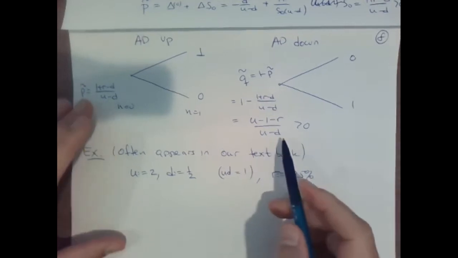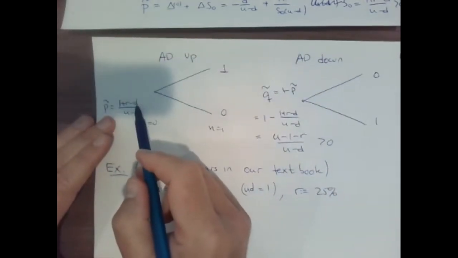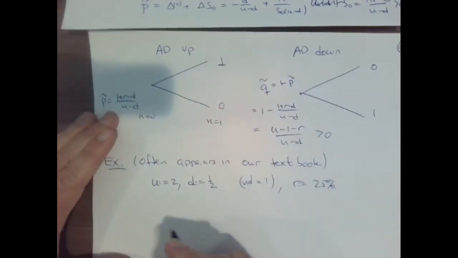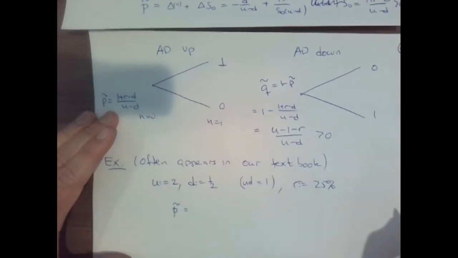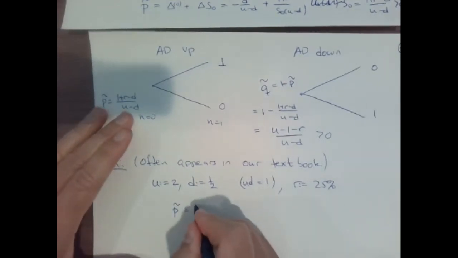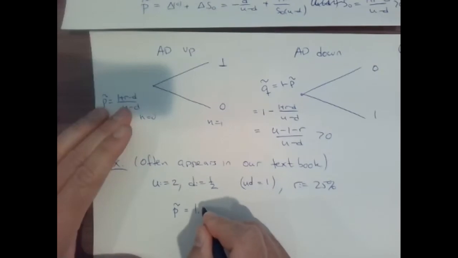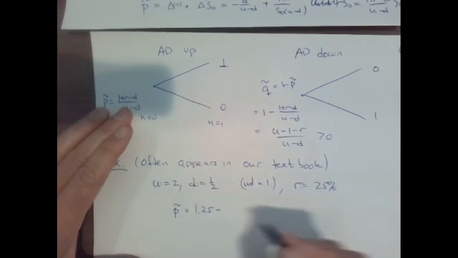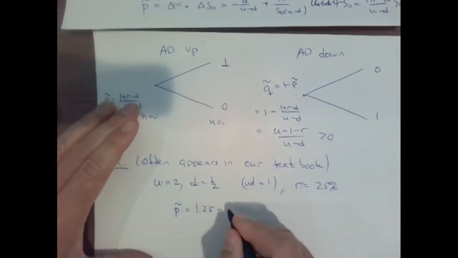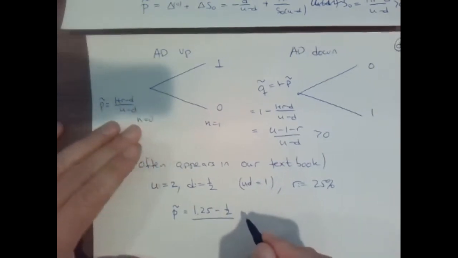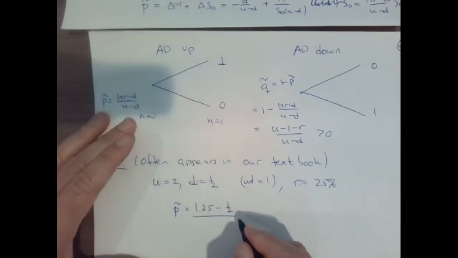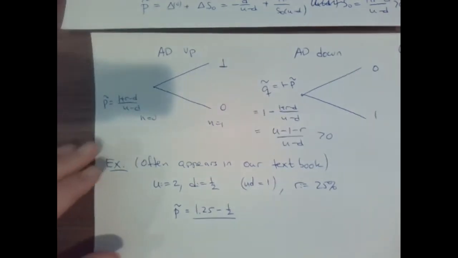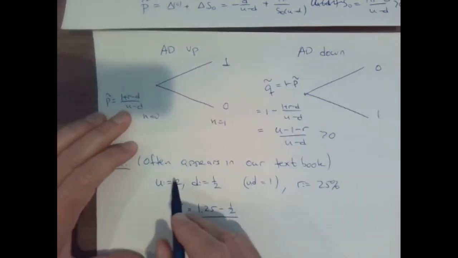And so if you take these numbers, we plug them into the formula. We'll get P tilde. This is 1.25 minus d, which was a half, divided by the difference, divided by u minus d.